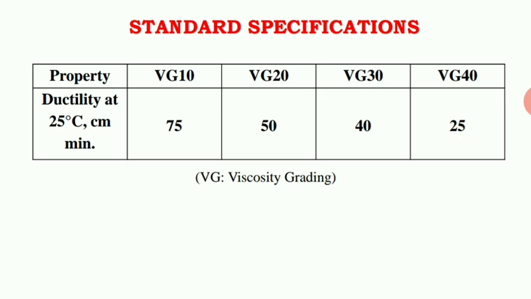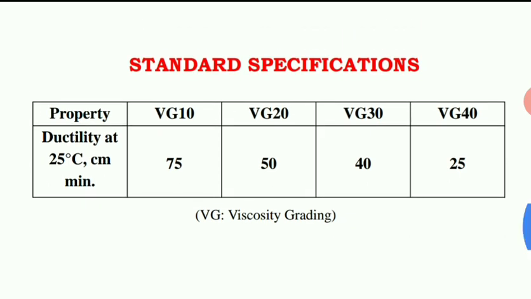A minimum ductility value of 75 centimeter has been specified by the ISI for bitumen grades 45 and above. The ductility value and the requirements of the paving bitumen as per the BIS, that is the Bureau of Indian Standard, they have given these particular values, as per the reference IS 1208 1978.